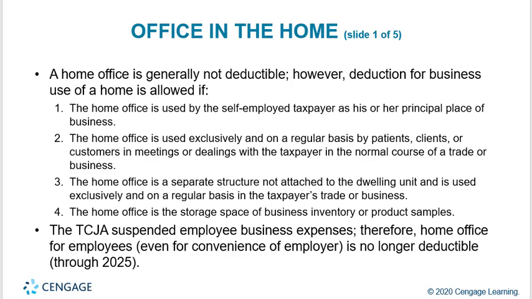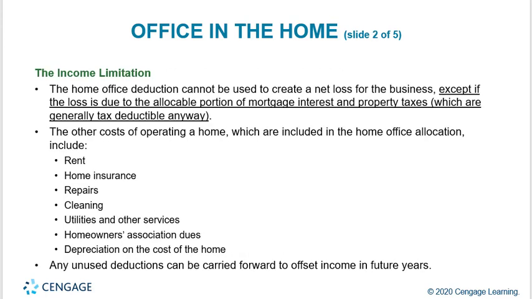And so the TCJA suspended employee business expenses, therefore home office for employees, even for the convenience of the employer, is no longer deductible through 2025. It's an important note. And so the income limitation: the home office deduction cannot be used to create a net loss for the business, except if the loss is due to the allocation portion of mortgage interest and property taxes, because they're generally deductible anyway.